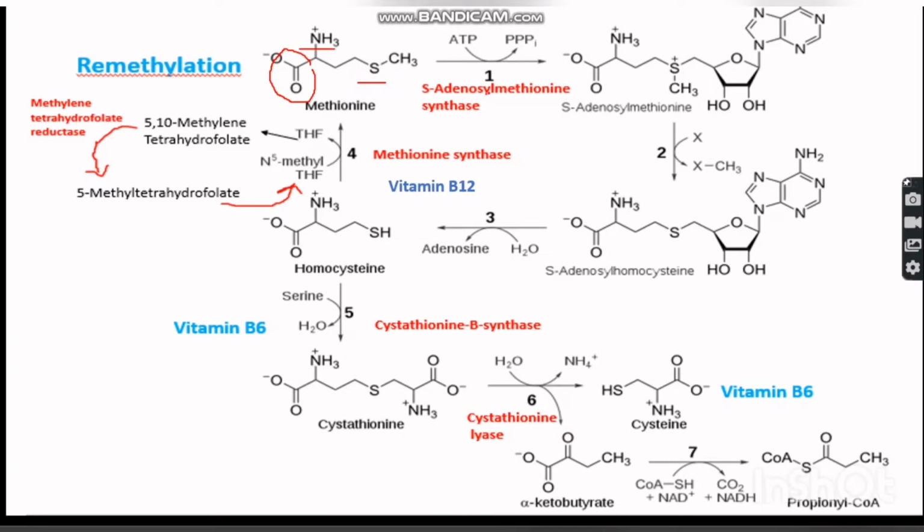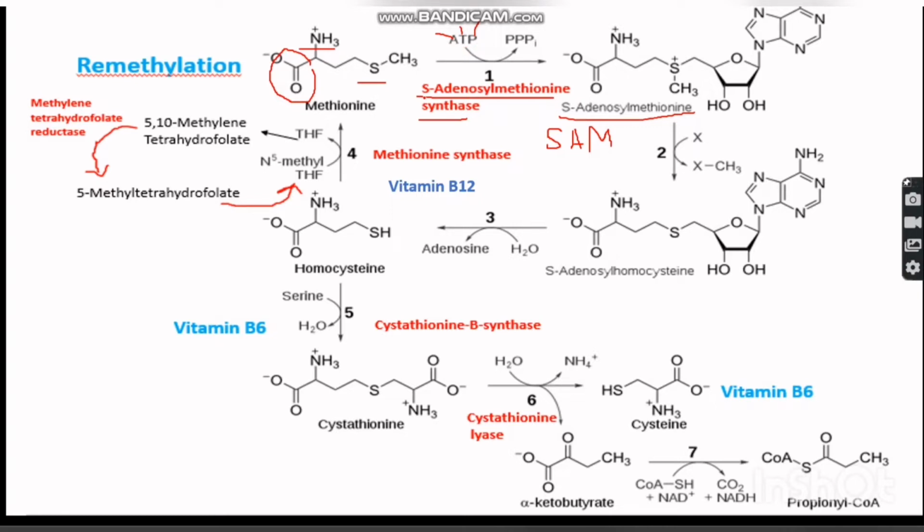The first step is that methionine reacts with ATP by the enzyme S-adenosyl methionine synthase, and it produces S-adenosyl methionine, also written as SAM. We know that ATP means adenosine triphosphate, which contains three inorganic phosphate groups.